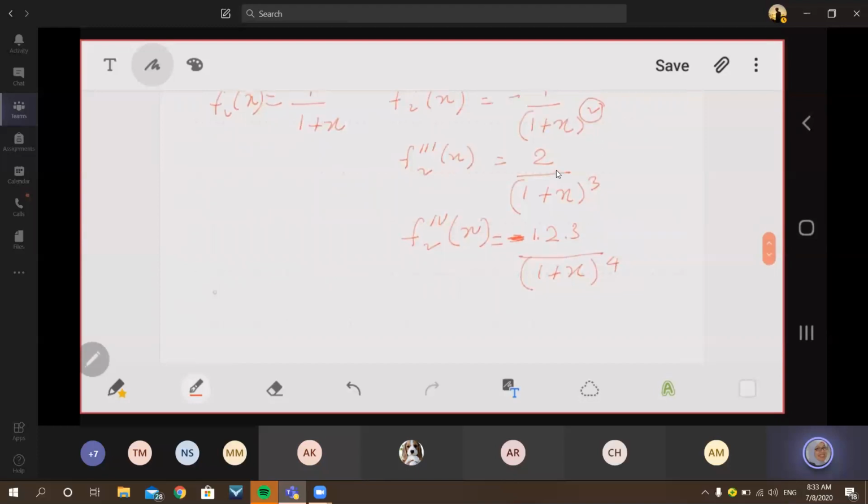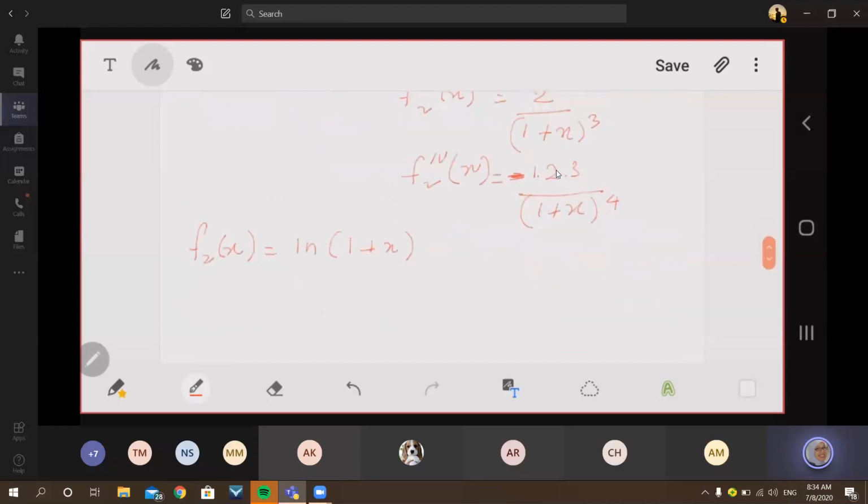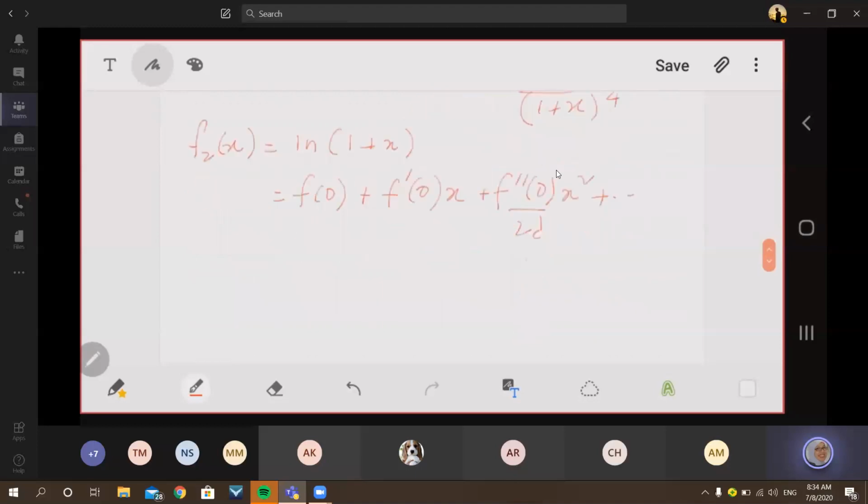So what do you think the series expansion for ln of 1 plus x would be? F of naught plus f prime of naught x plus f double prime of naught x squared on 2 factorial plus and so on. So that is Maclaurin series. So what do you get? What is f of naught?